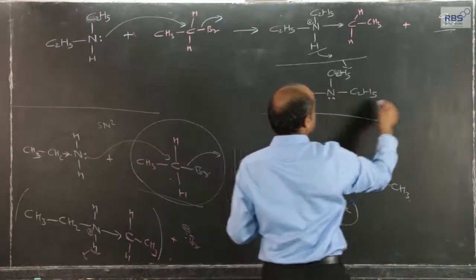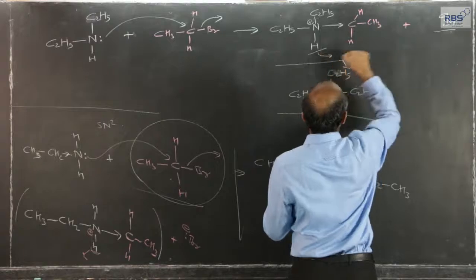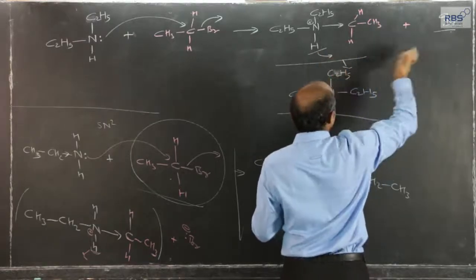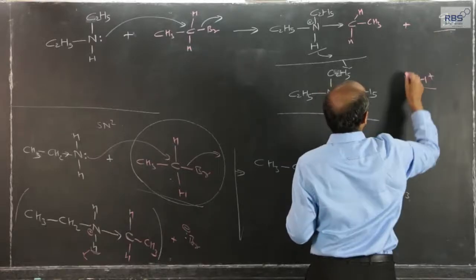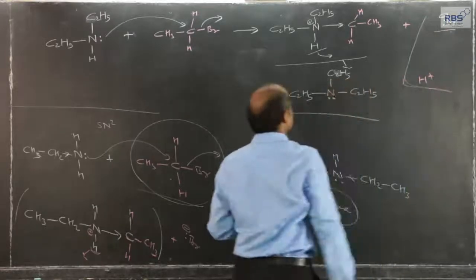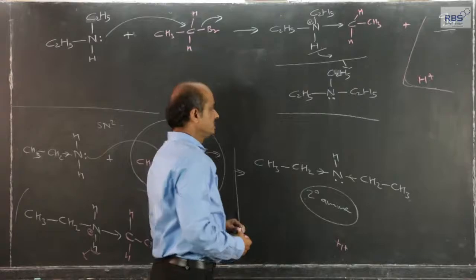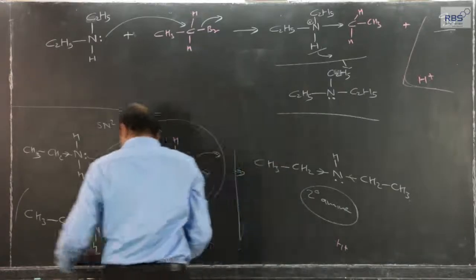The lone pair is again back, and the hydrogen goes out in the form of H plus ions. This H plus ion and the earlier Br minus ion can react, and we get a tertiary amine.